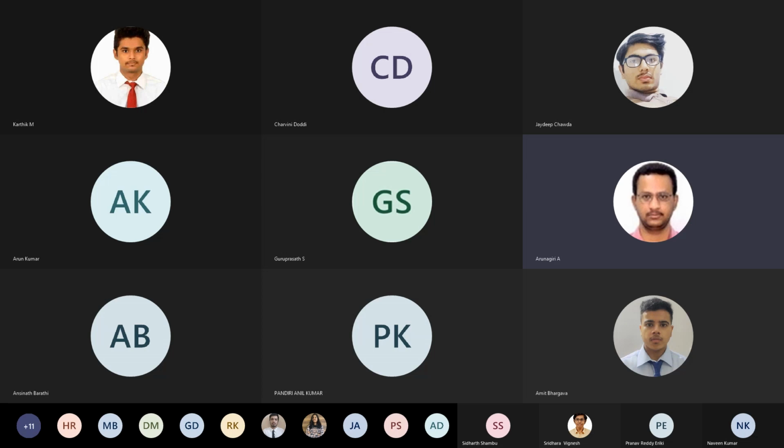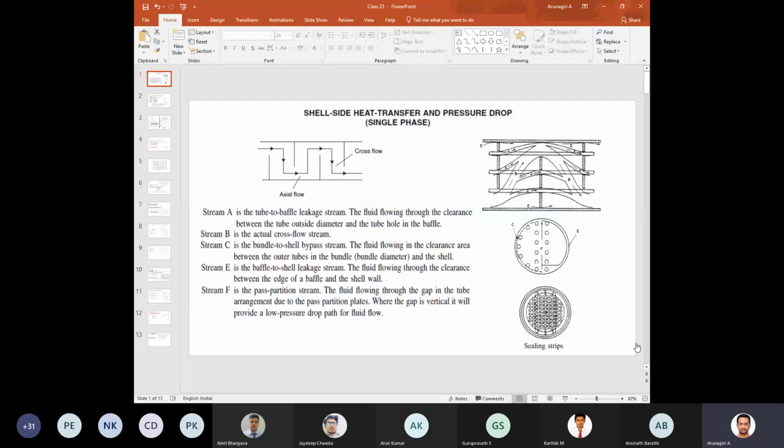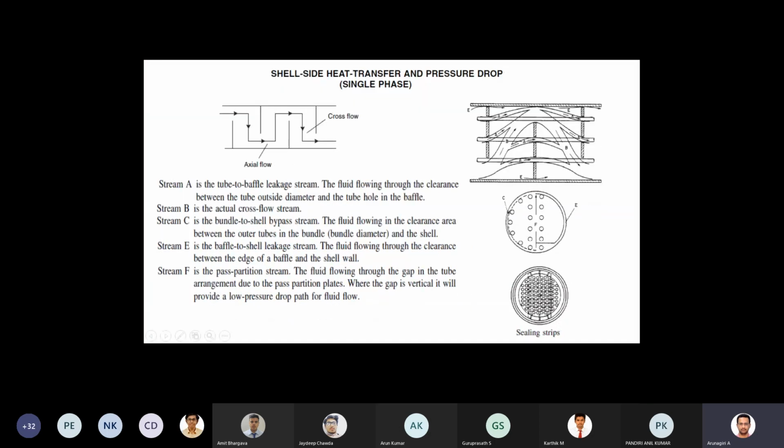I hope you can share the slide. You all know the different streams on the shell side. If you see here, the ideal case is that the flow will be like this, correct? Axial flow and cross flow.